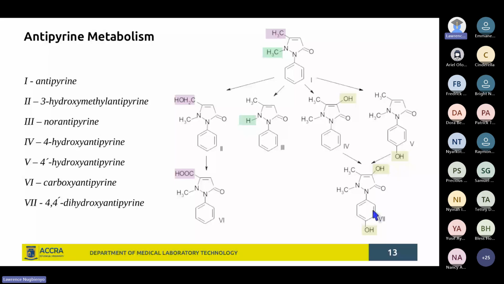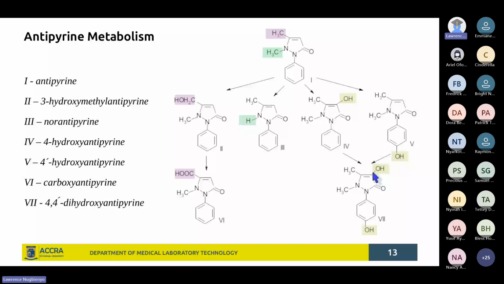If you take the molecule labeled number 4, the 4-hydroxyantipyrine, you can have hydroxylation of this 4' carbon, so that you now have 4,4'-dihydroxyantipyrine. Or a similar thing can happen if you already have the 4' getting hydroxylated, then you can have the carbon number 4 getting hydroxylated next.